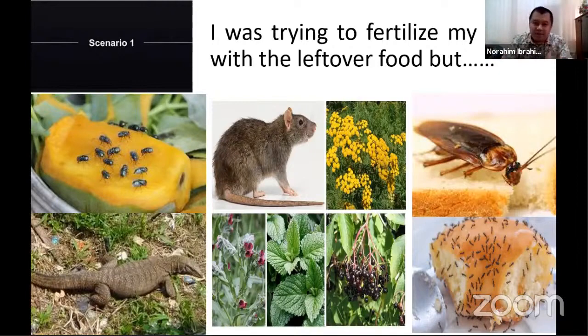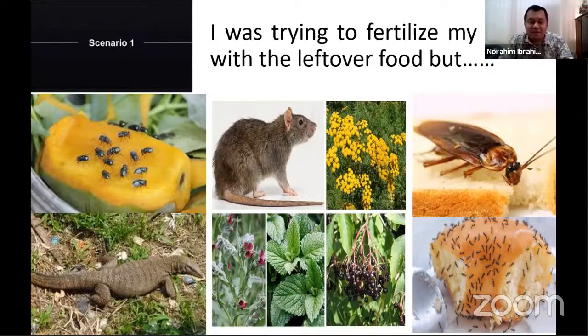So we just dump everything. Maybe you just put them surrounding your plant area, but you end up getting this. Getting what? You get flies, you get lizards, you get mice coming over your place, we got cockroaches, you got ants. And this is actually not nice, right?